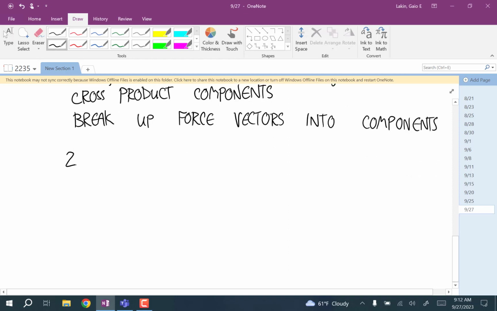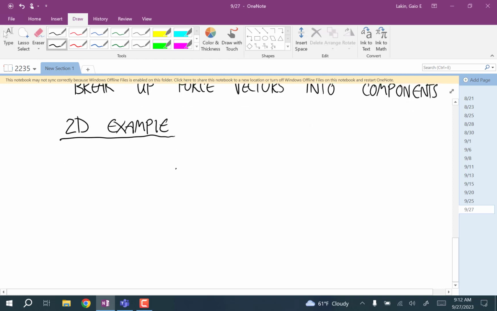Okay, so here's a 2D example. Let's say we have a pin over here. And actually, forget that. Let's just make this an about point over here.